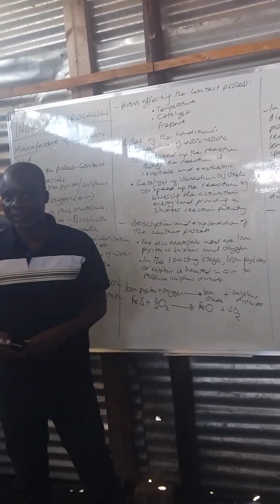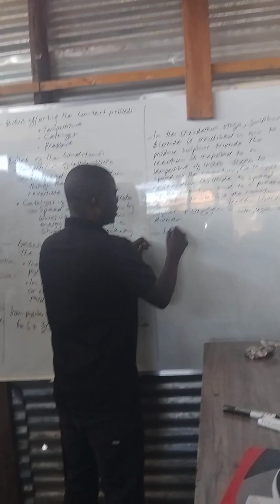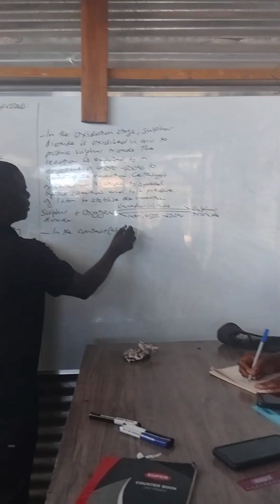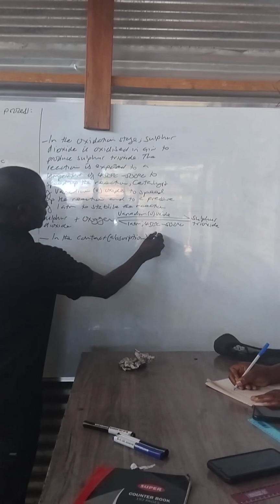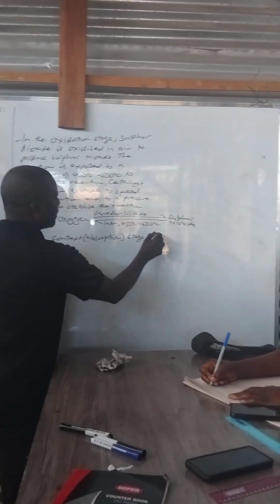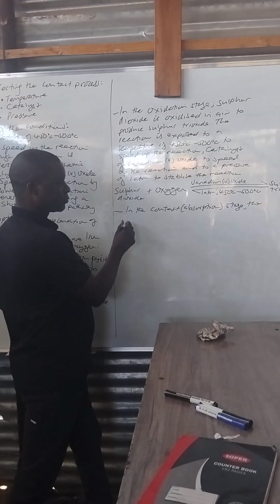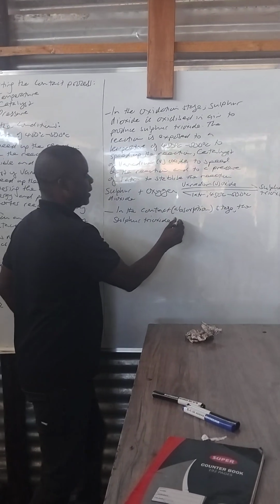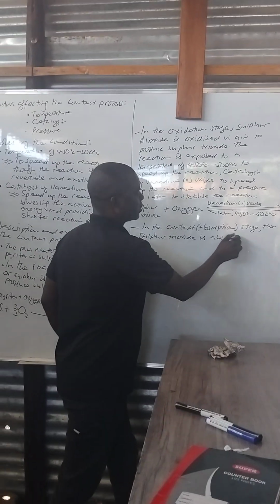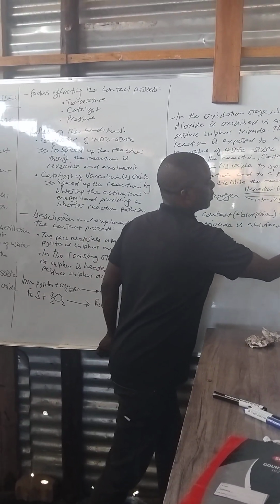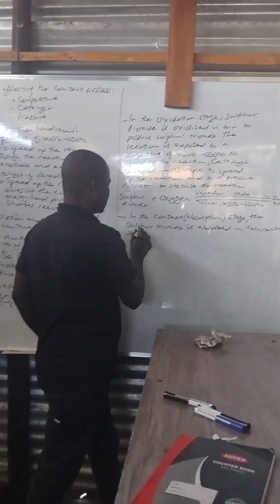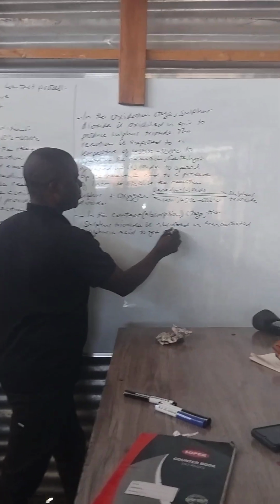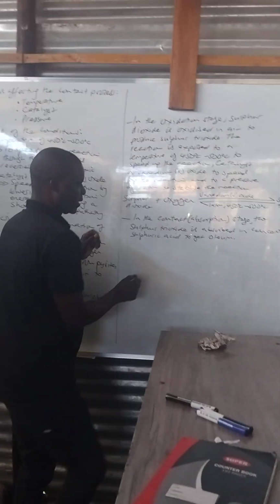Then in the next stage, stage 3, the absorption stage, some say the contact stage or absorption stage, sulfur trioxide is absorbed in concentrated sulfuric acid to get oleum, and heat.